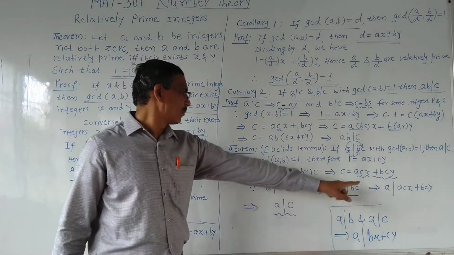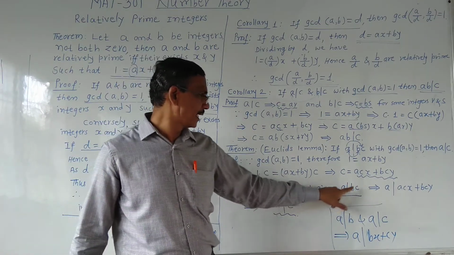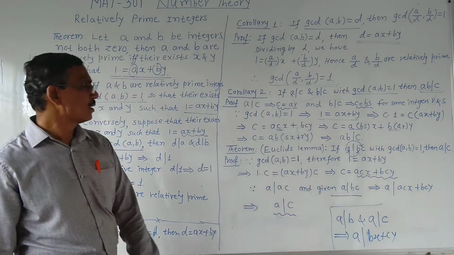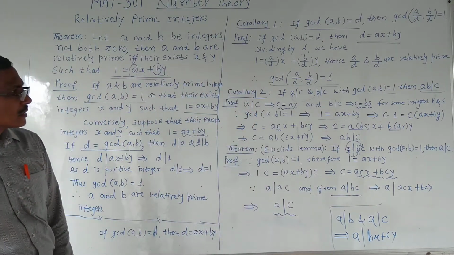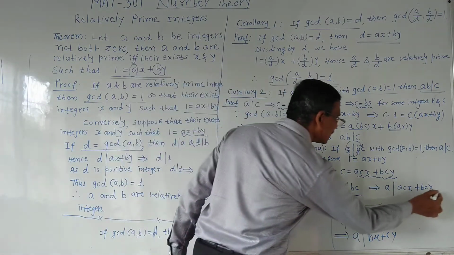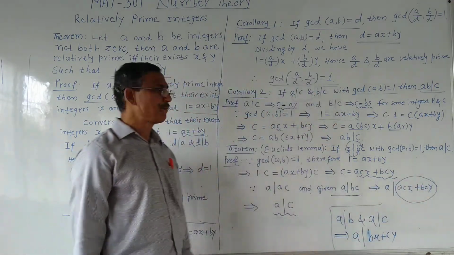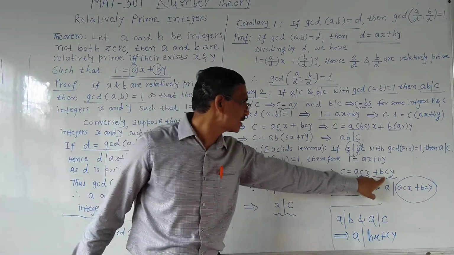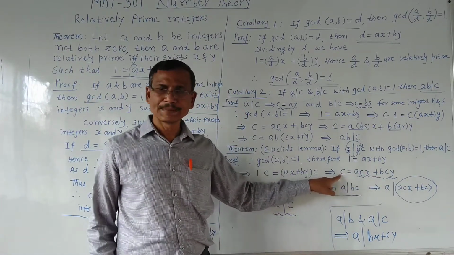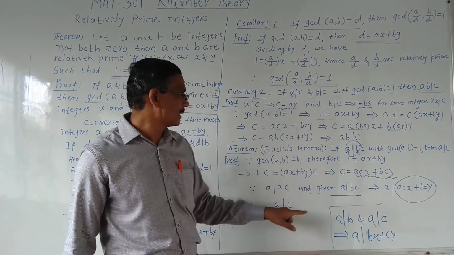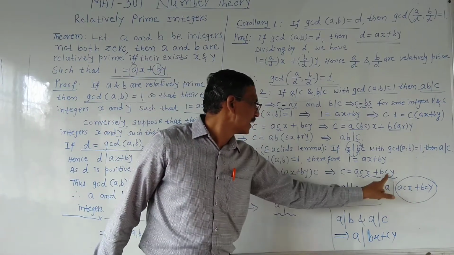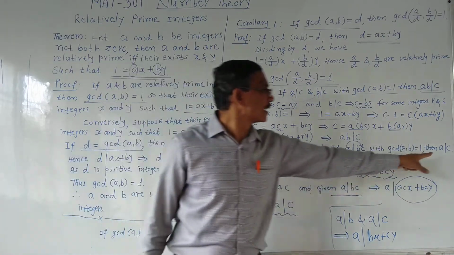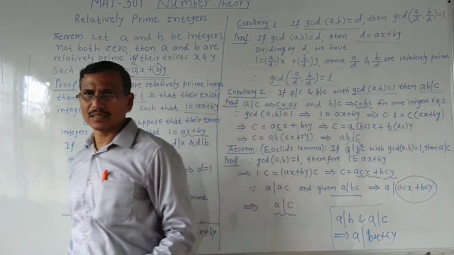Using this theorem, we get a divides a c and a divides b c implies a divides a c x plus b c y. But we have just obtained the value of a c x plus b c y. Look here, a c x plus b c y is equal to c. Putting that value here, it means a divides c. That is the required result.